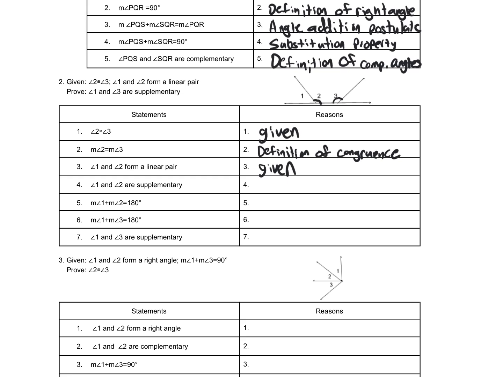All right. Now, angle 1 and angle 2 form a linear pair. That means that angle 1 and angle 2 are supplementary, and that is the definition of supplementary angles. Because they formed a linear pair, they are supplementary.